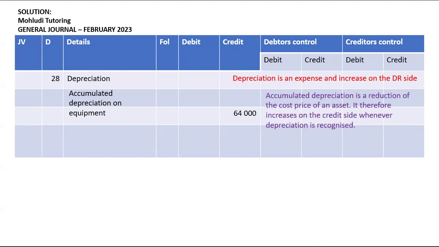It reduces the value of the asset. So the more accumulated depreciation we have, we will actually credit accumulated depreciation. It's the sum of all depreciation of an asset, which is the sum of the cost of using that asset, which is your depreciation.